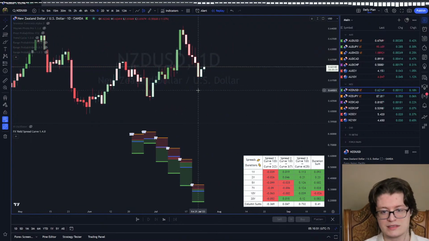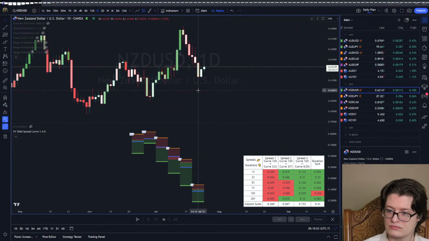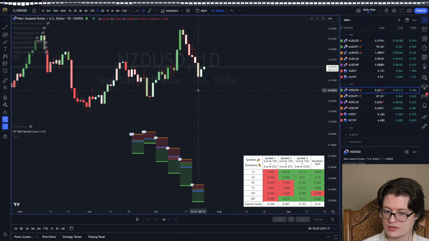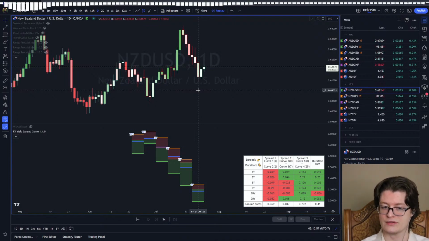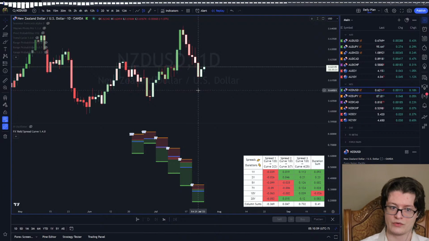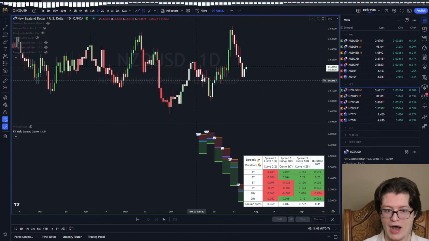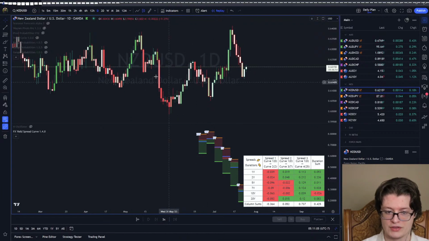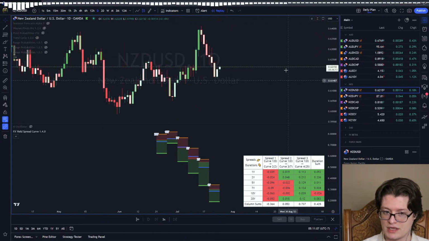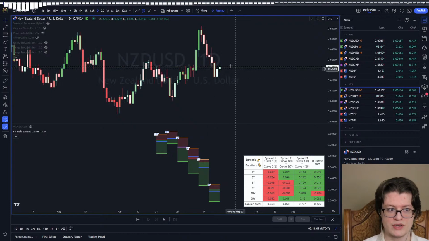I'd say maybe there's some room, just looking off of yields exclusively, for New Zealand dollar to continue this positive drift over the last 2 months into maybe the first couple weeks of August.